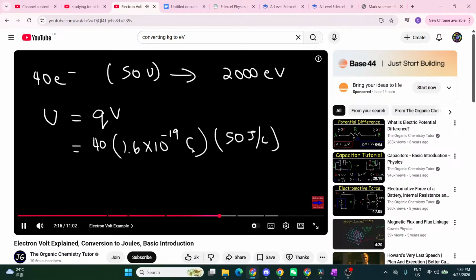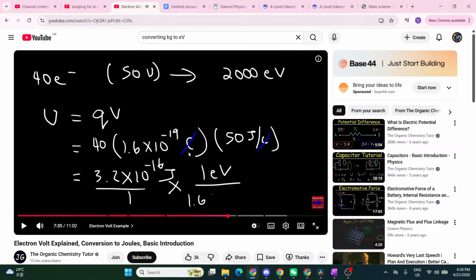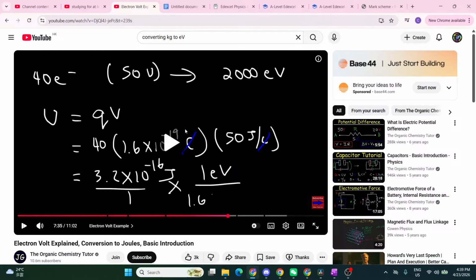Or per unit charge. So it's 40 times 1.6 times 10 to the negative 19 times 50. And so this is going to be 3.2 times 10 to the negative 16 joules. Now, if we want to convert joules back to electron volts, we would have to divide it by 1.6 times 10 to the negative 19.